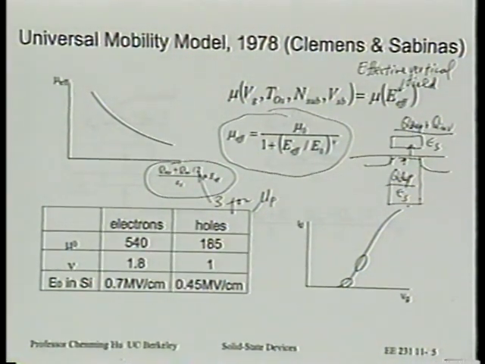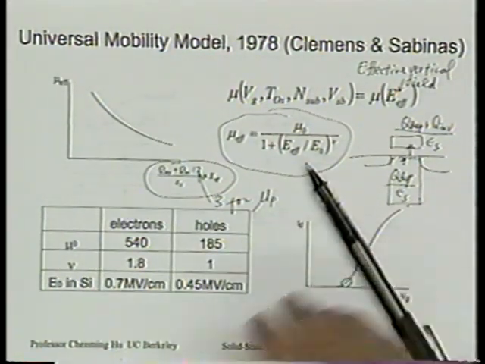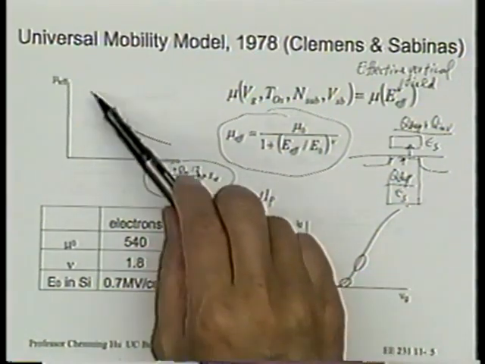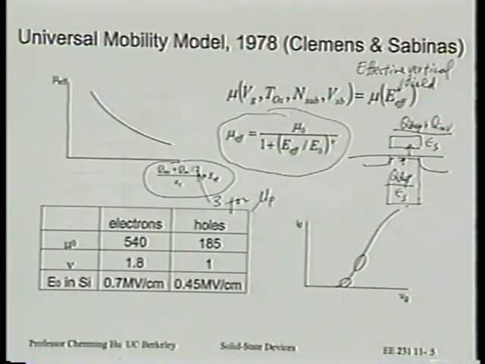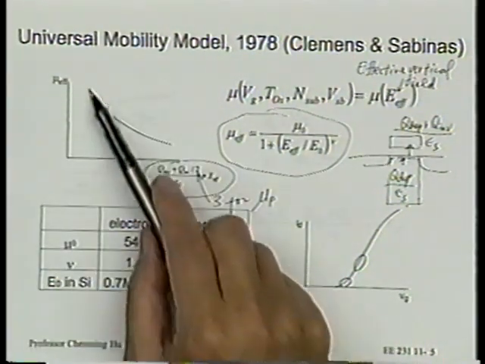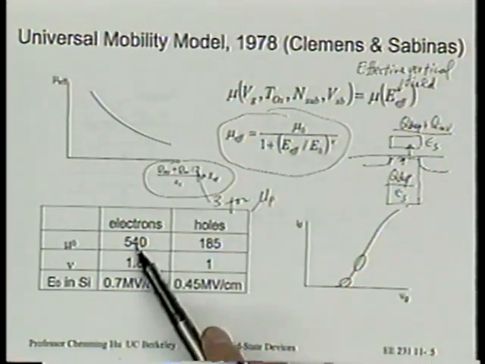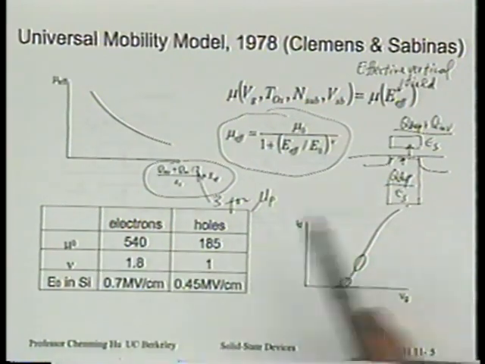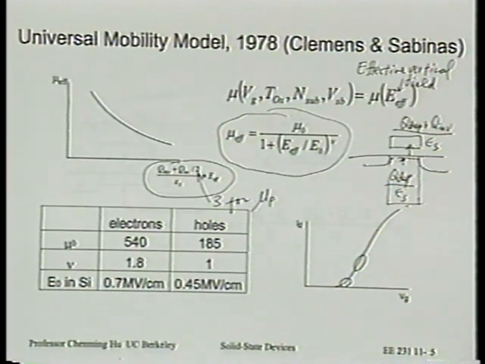I don't want to overemphasize that physical interpretation. This is not a physics model. This is curve fitting. We know it fits this portion, right? We don't know whether we can extrapolate all the way to E equal to 0. When you go to E equal to 0, does this become the bulk mobility? Obviously, it's not. You can see it's not. It's just curve fitting.